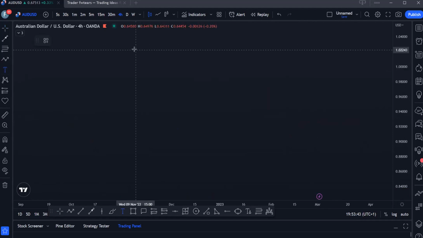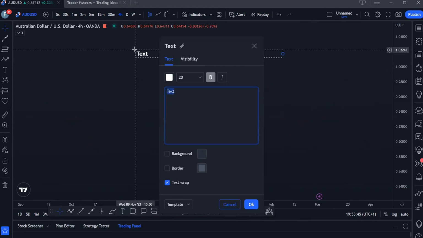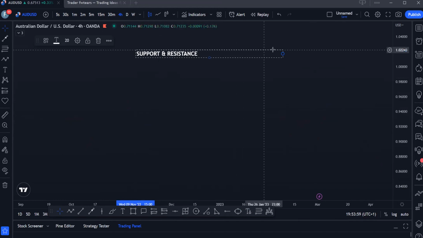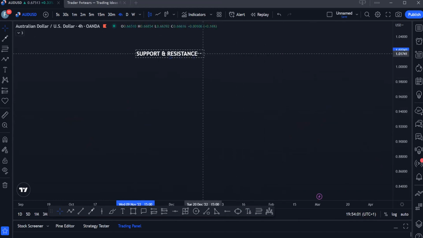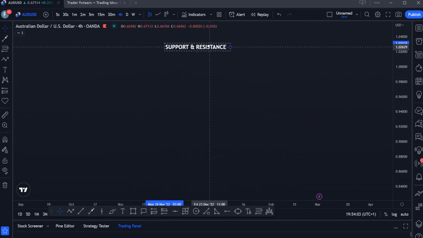So let's talk very, very briefly about the concept of support and resistance. Very, very interesting and important concept. All right. So when you hear support and resistance, I want you to think about, of course, market structure.